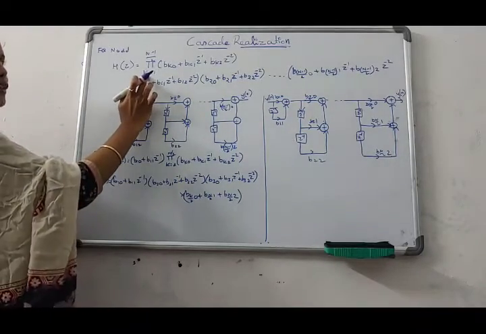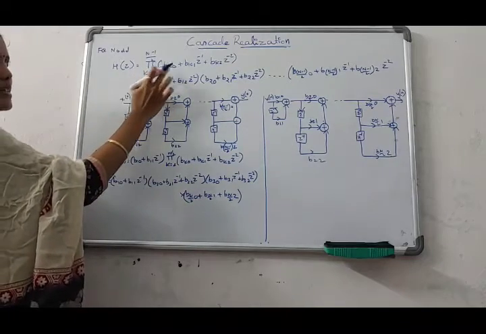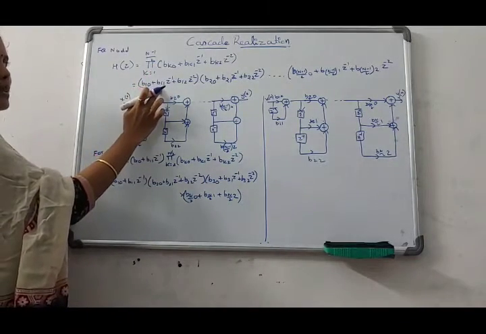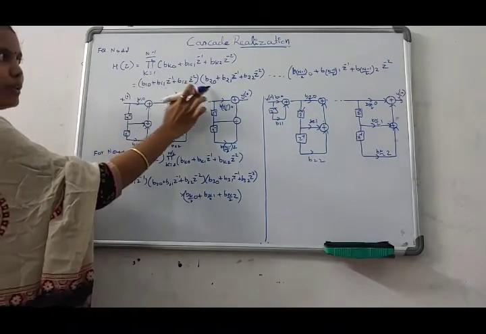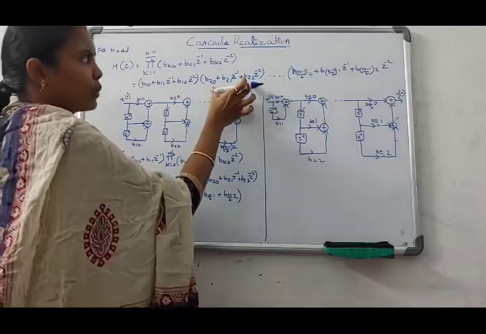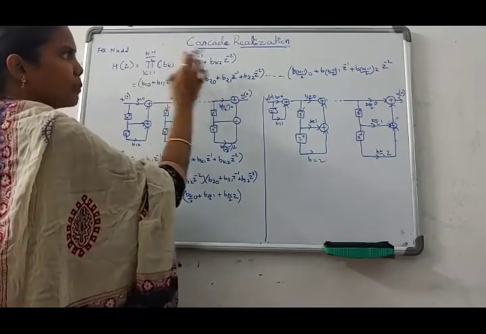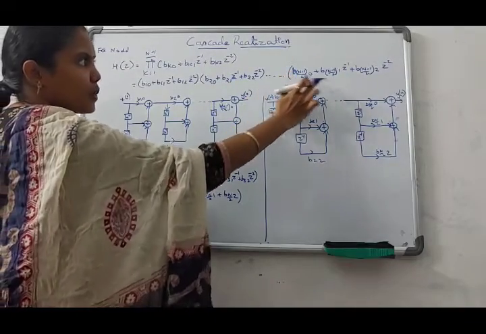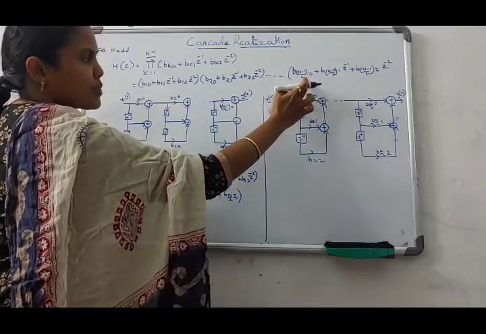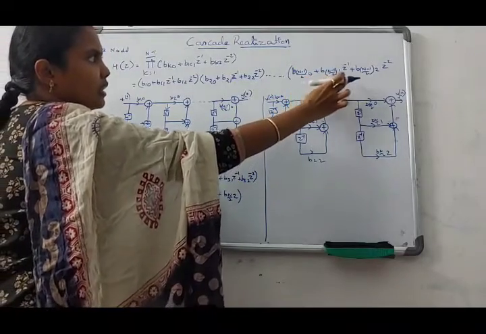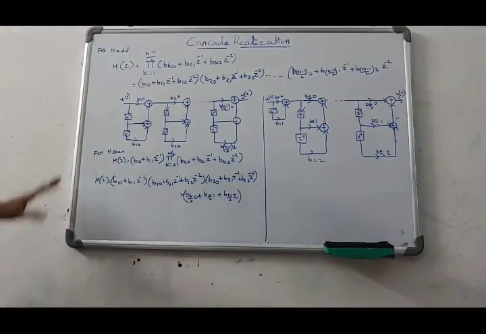If you substitute the limits, first k equals 1: b10 plus b11 z inverse plus b12 z power minus 2. Now substitute k equals 2, and so on up to the end limit, (N minus 1) by 2: b of (N minus 1) by 2, 0 plus b of (N minus 1) by 2, 1 z inverse plus b of (N minus 1) by 2, 2 z power minus 2.